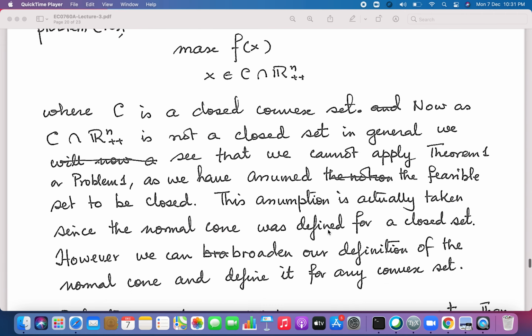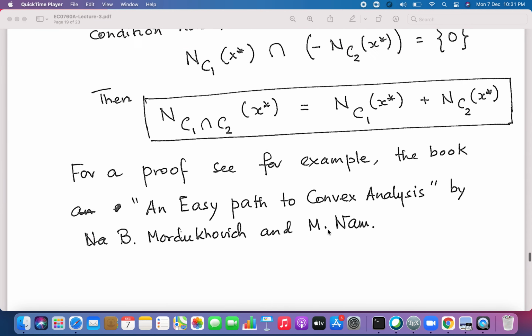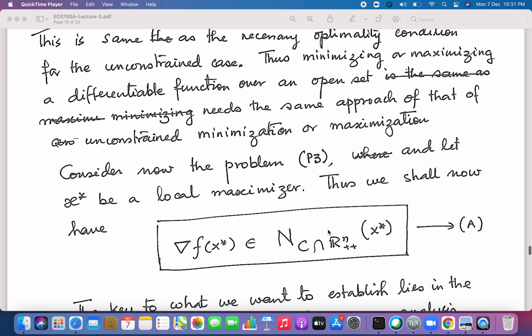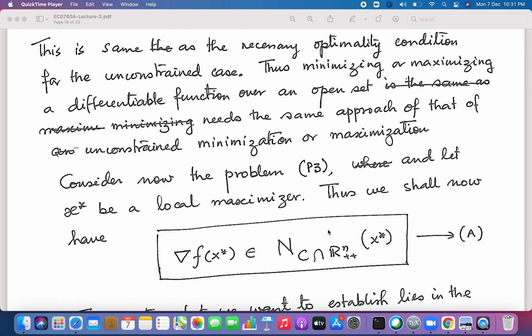So now we know that, let us look at theorem 1 where whatever be the convex set C, I can just get on with my life. I can write the same theorem 1 throwing out the closedness assumption for any convex set.